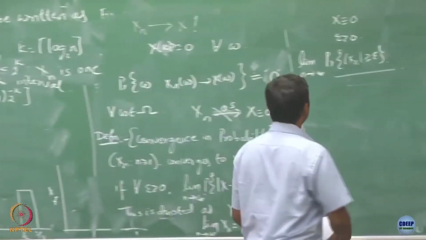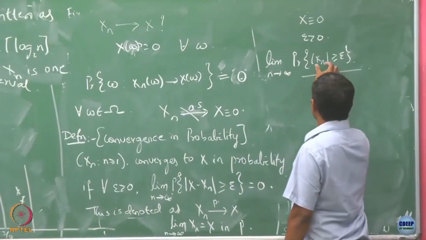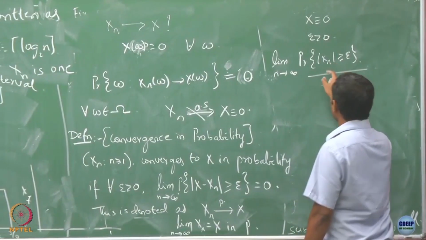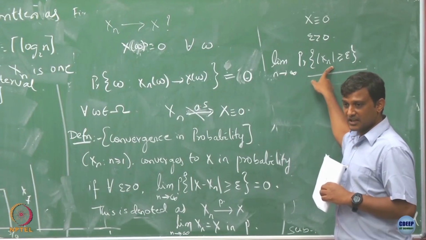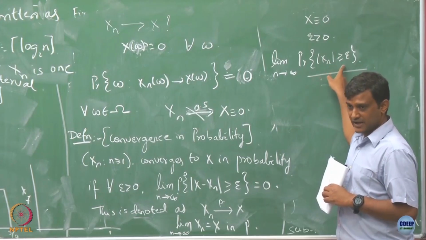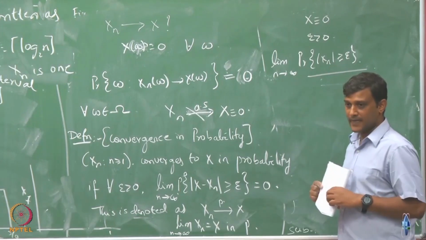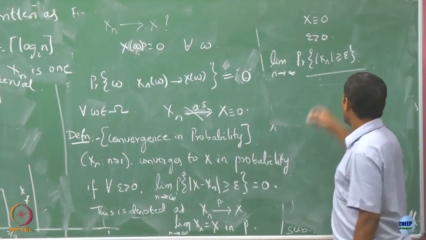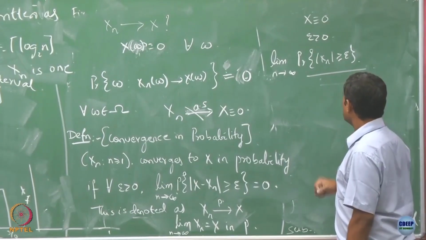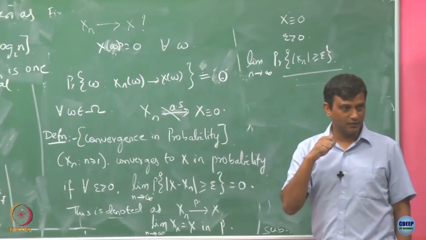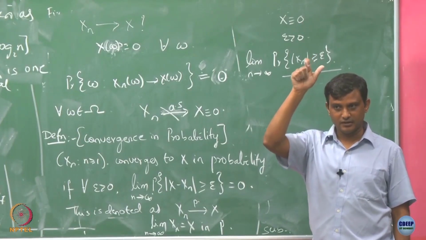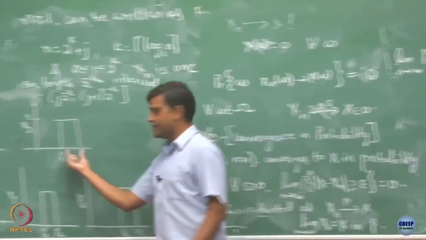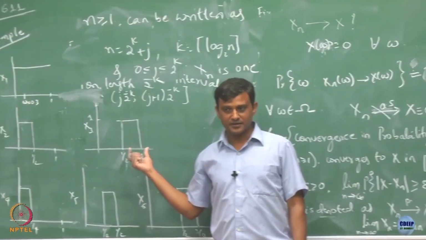Now, what is the probability that Xn is going to take a value greater than or equal to epsilon? If you take any n, what will be the probability of just mod Xn itself? It is just the length of that interval where it is taking value 1, right.